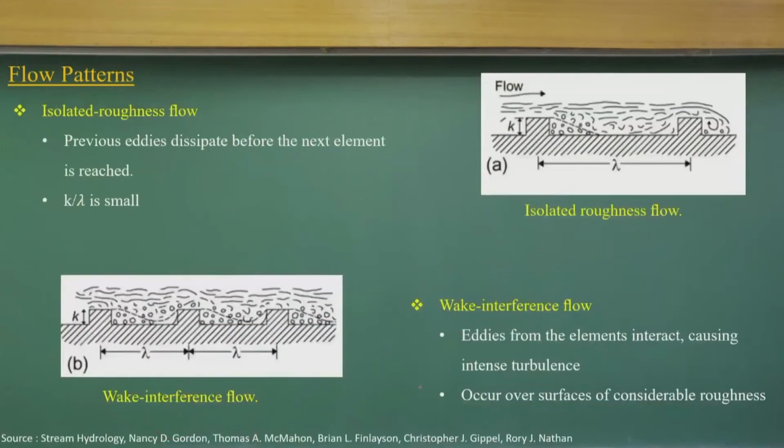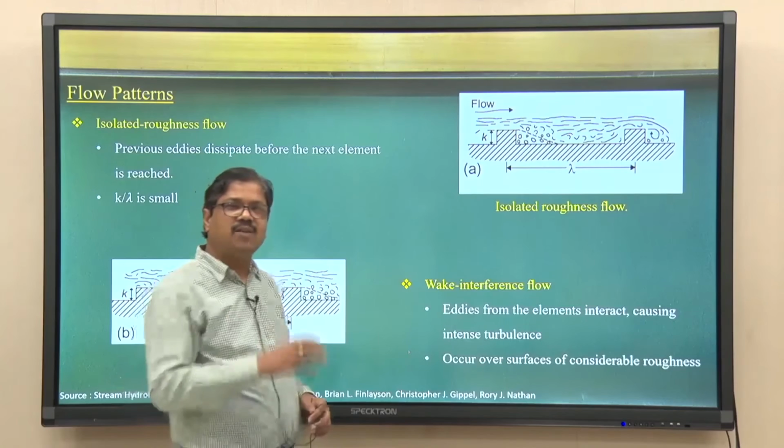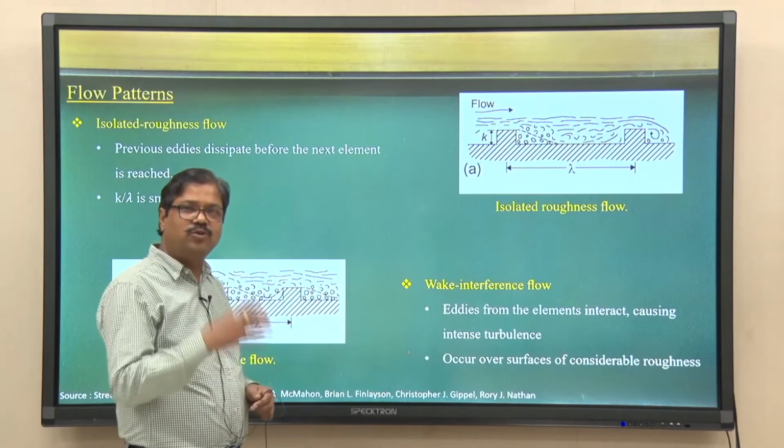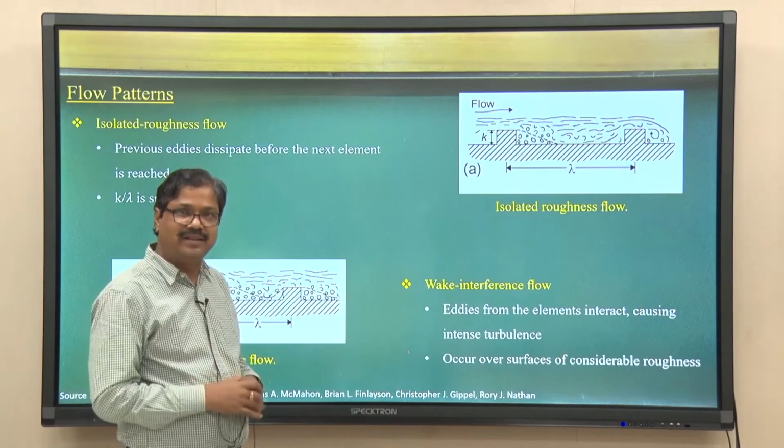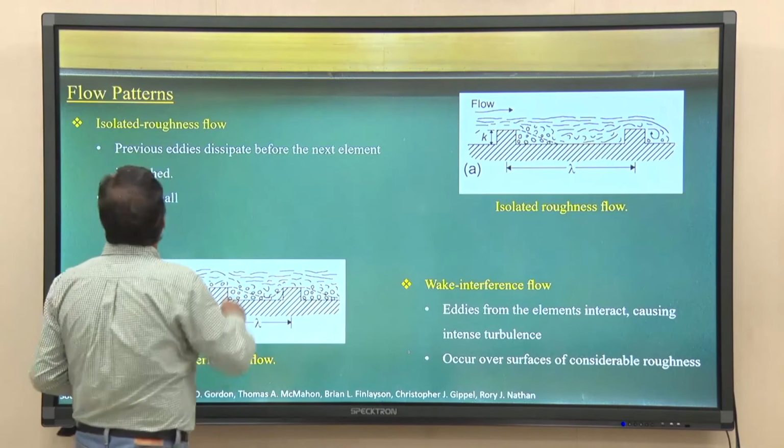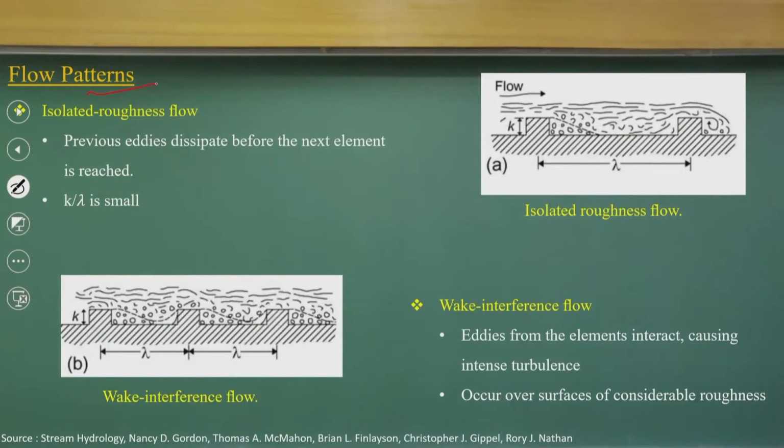Now, how does this happen? It depends not only on the particle size, but also on the arrangement of the particles and on how the flow patterns develop. So it is a combination of your knowledge of fluid mechanics.